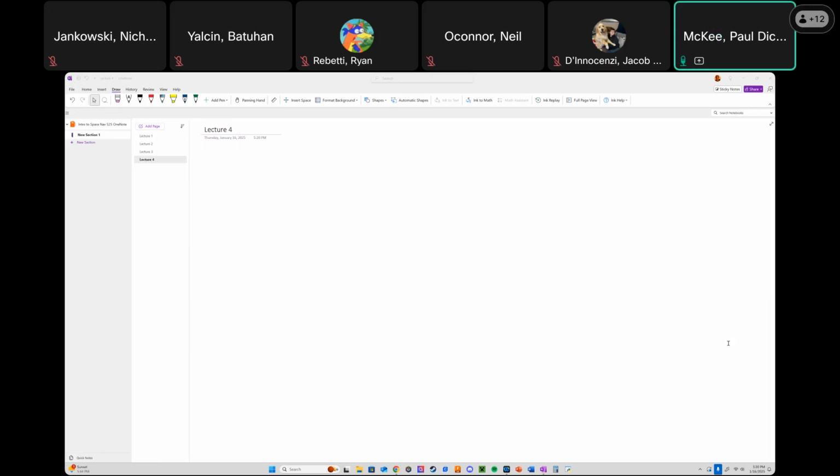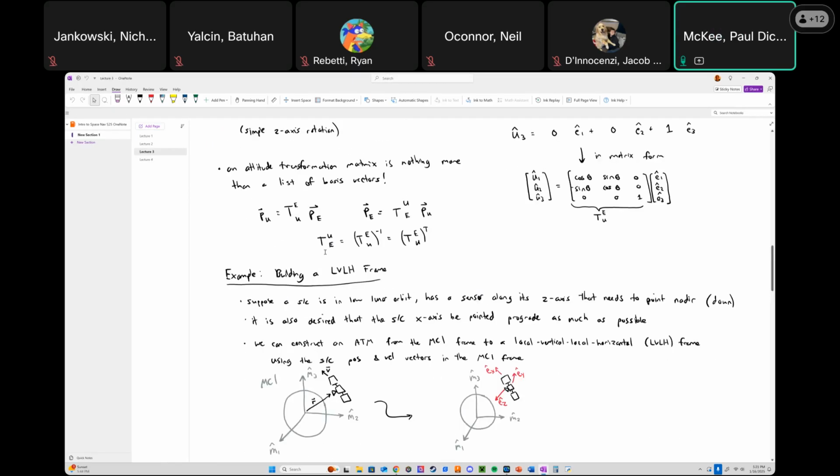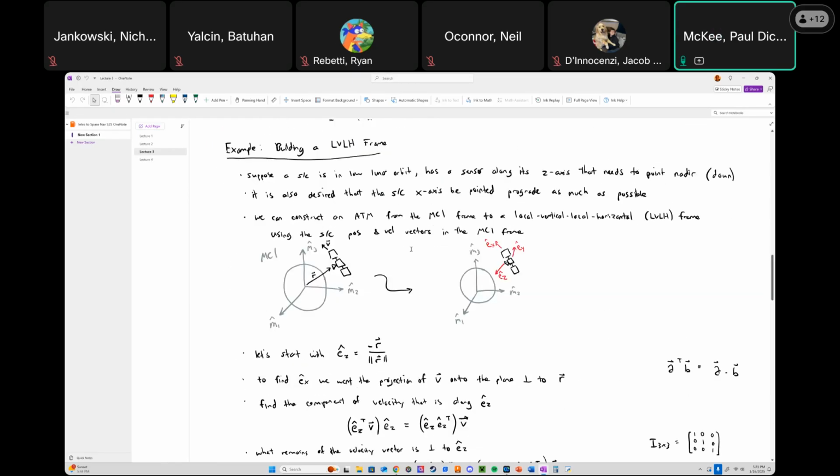So we just went through kind of a late start today because we did a warm-up going over building a topocentric reference frame from latitude and longitude, which I think is a good exercise. But it's basically the same idea as the example from last class, building an LVLH frame. If you've got your position, then you can kind of cheat.